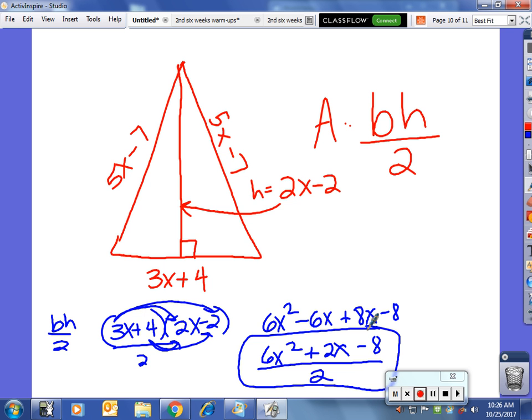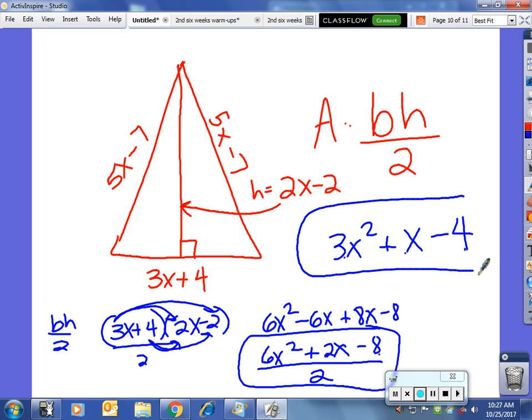So what's my final answer? 3x squared plus x minus 4, right? 6 divided by 2 became a 3, 2 divided by 2 became an invisible 1, and negative 8 divided by 2 became a minus 4. That's my final answer. Did the exponents get affected when I divided by 2? No, they did get affected when I did the base times height.